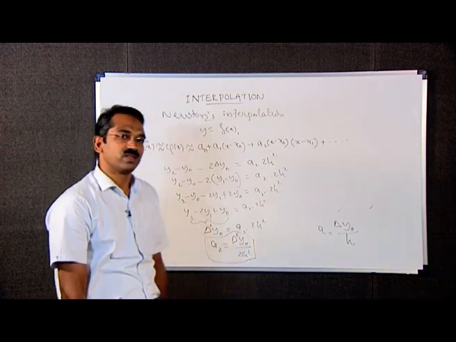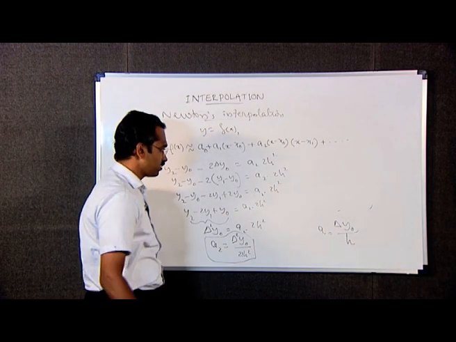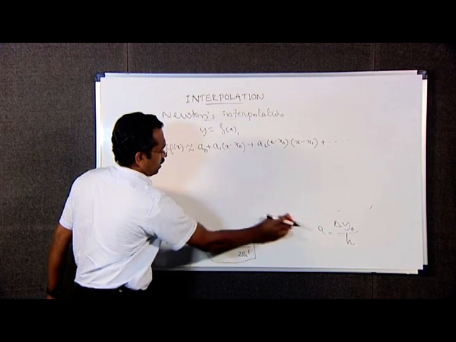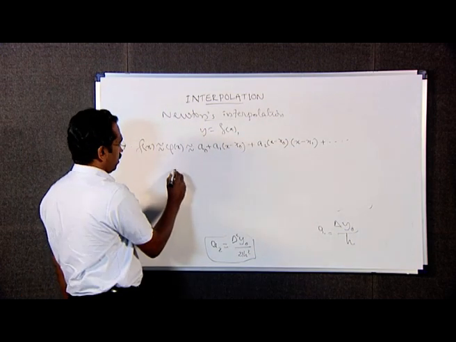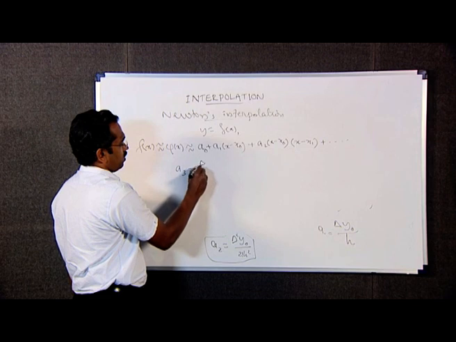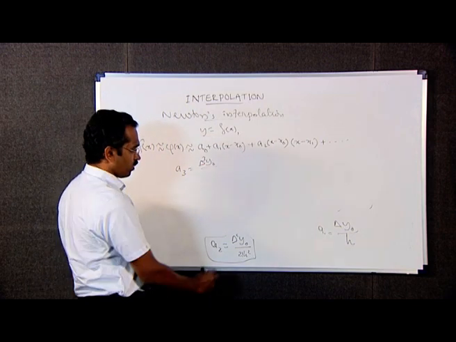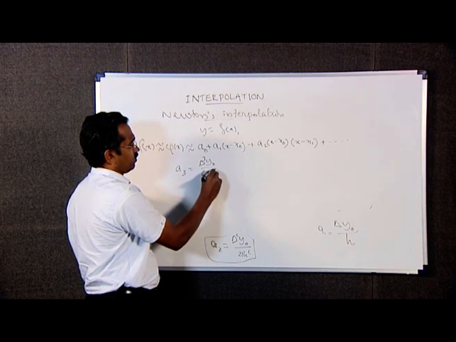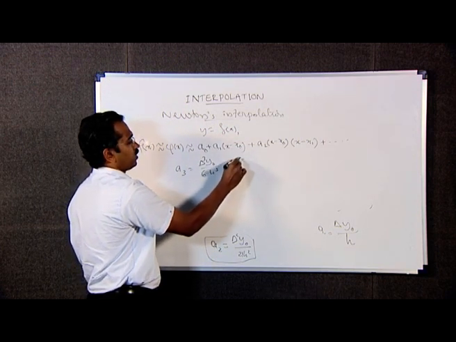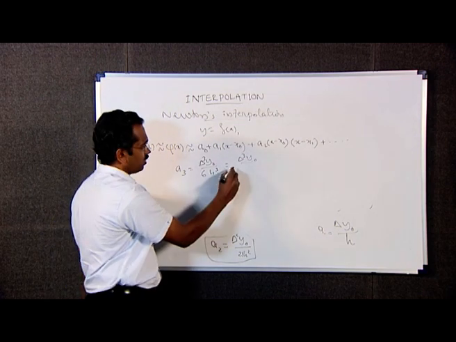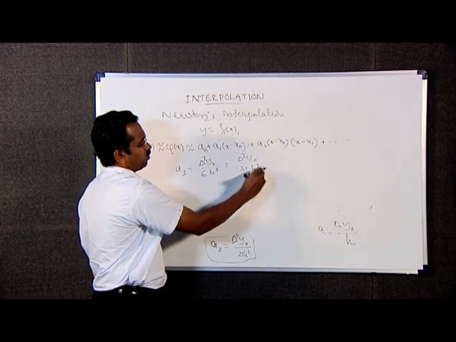Similarly, by putting x equal to x3, we will get a3 as a3 is equal to delta cube y naught divided by 6h cube. That is delta cube y naught divided by 6, which is 3 factorial h cube.